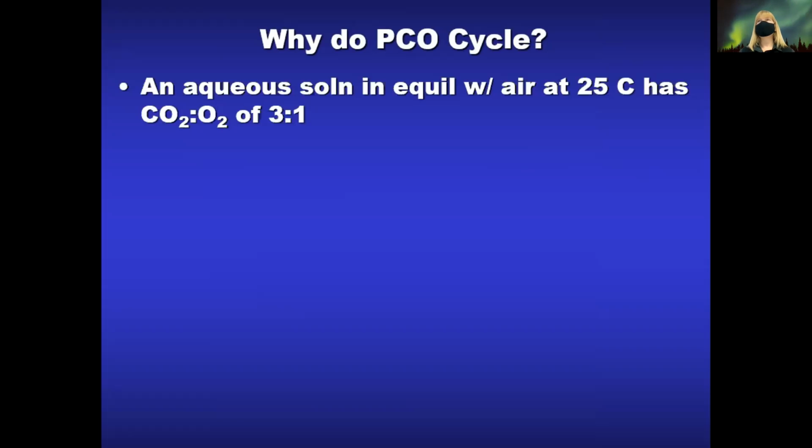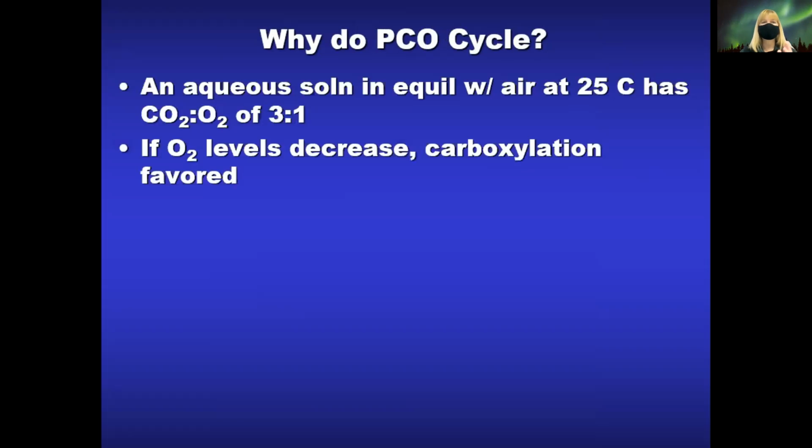That means you have more CO2 in just bulk water. Okay, so that's good. However, you can experimentally manipulate that ratio and see what happens to the plant in terms of, will it do the Calvin cycle or is it going to do the PCO cycle?